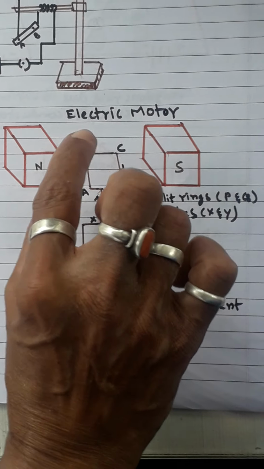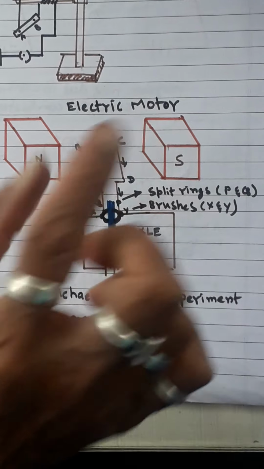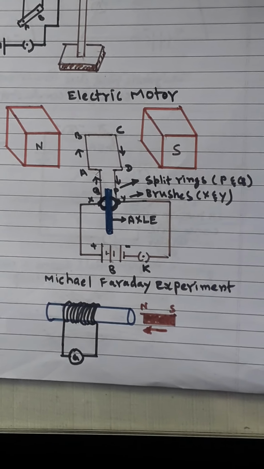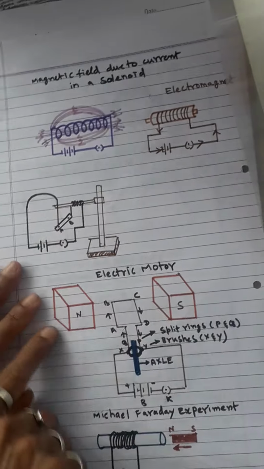After half of the rotation is completed, that means this is a circle, this is a coil, so it has completed one half of the round. Once half of the round is completed, AB will come to that side and CD will come to this side.